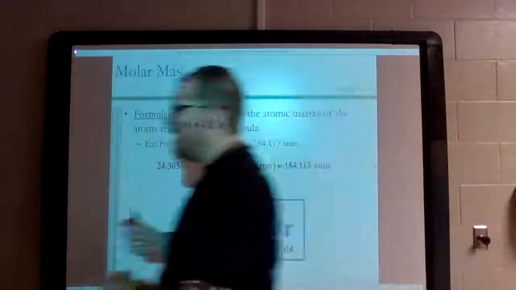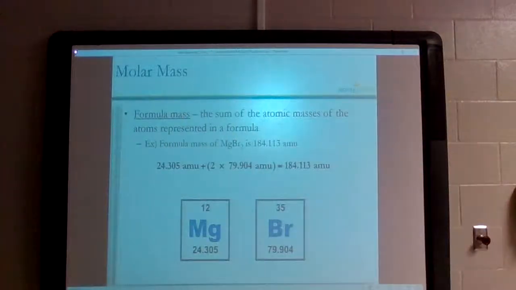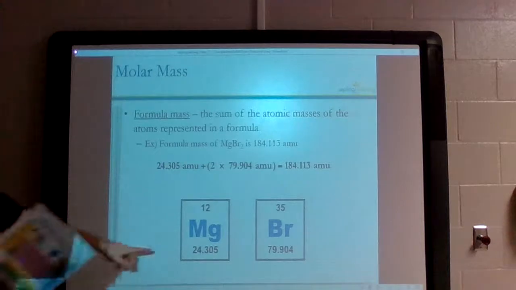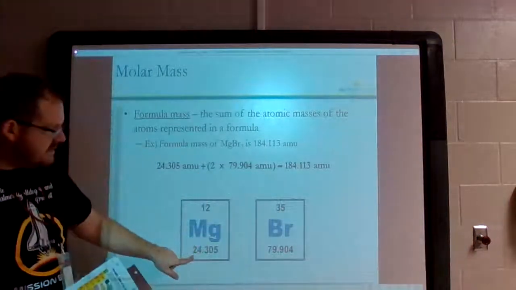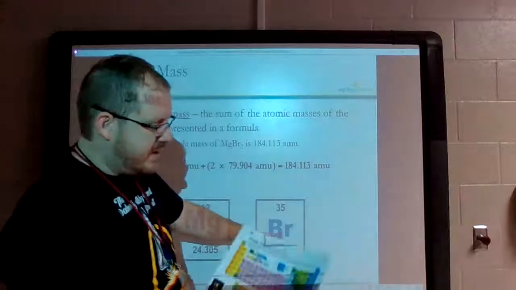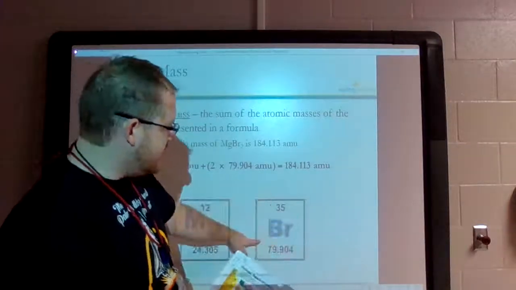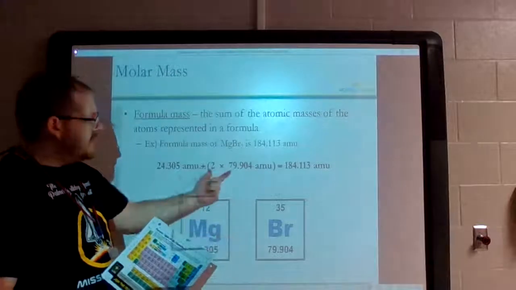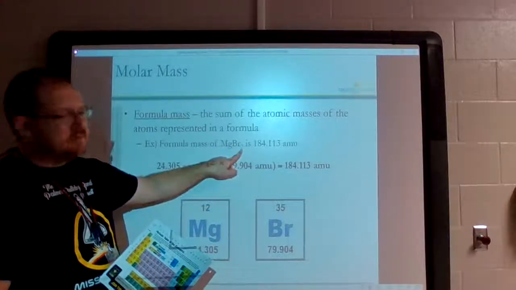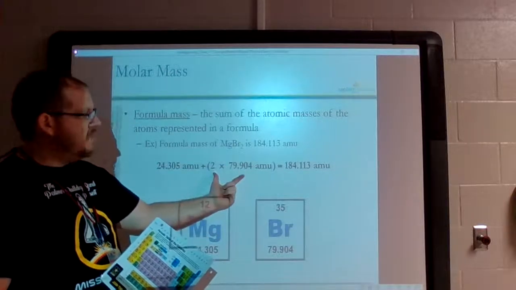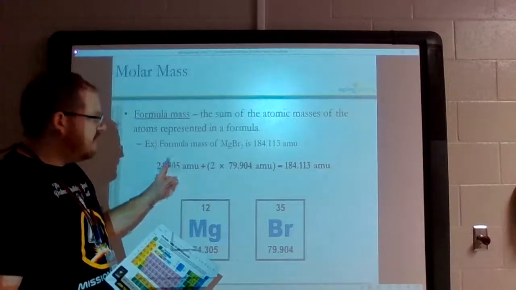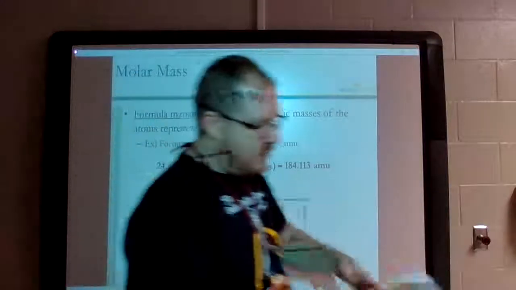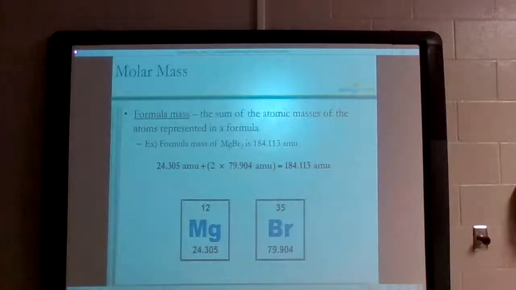So if you look on the periodic table, magnesium weighs 24.305. They have the same thing here. If you look on the periodic table, bromine weighs 79.904. And how many bromines do I have? I have 2 of them. So I multiply the 79.904 times 2, add 24.305, and my total should be 184.113.